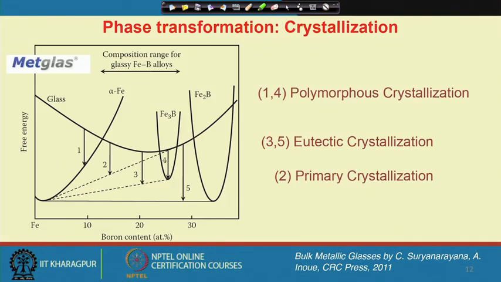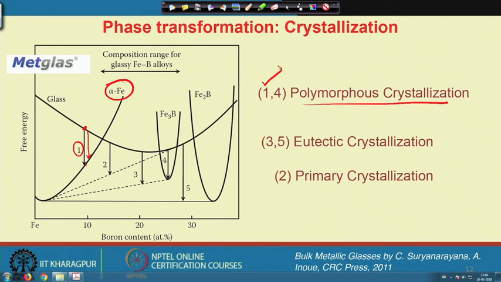So, this is an iron boron alloy, and here we have shown the free energy curve of the glassy phase. Now, let us have a look at case 1. I start with a glass, and without any change in the chemistry of the glassy phase, I get a crystalline phase which is alpha iron, so it is a polymorphous crystallization.